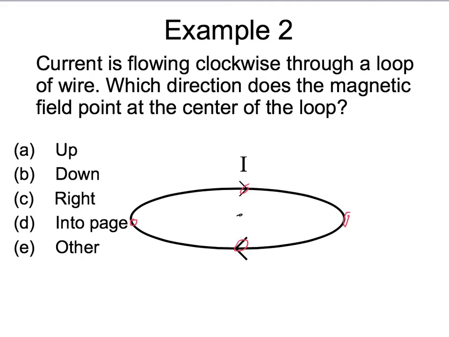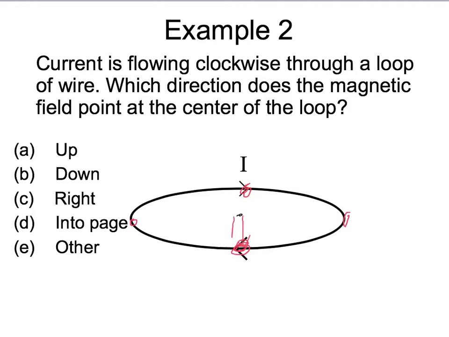If I'm checking maybe first the front place, my thumb would point to the left, that's the way the arrow is pointing, my fingers would curl, and then at the center of that circle, it'd be pointing down. Now if I check at the back, if I point my thumb to the right and curl my fingers in, at the center of that circle, again pointing down.